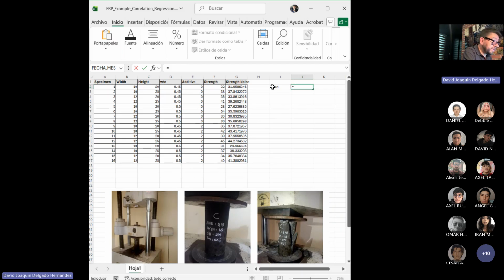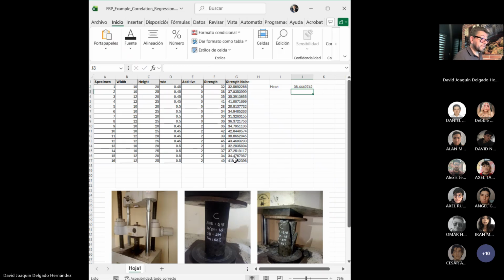You should put promedio, and then you select all these values from G2 until G17. So I close this parenthesis, enter. So this is the mean value of the 16 values, okay?